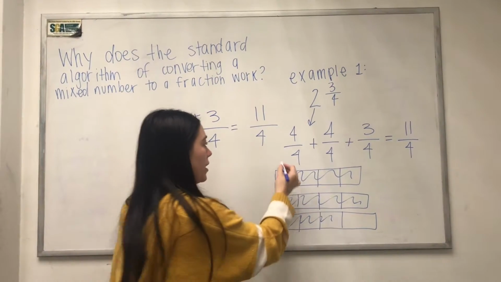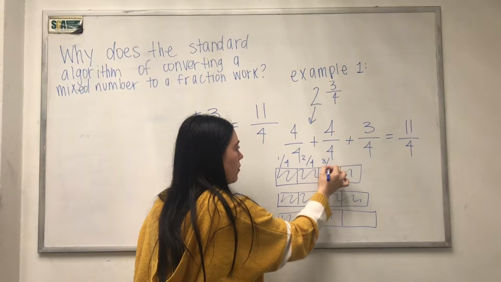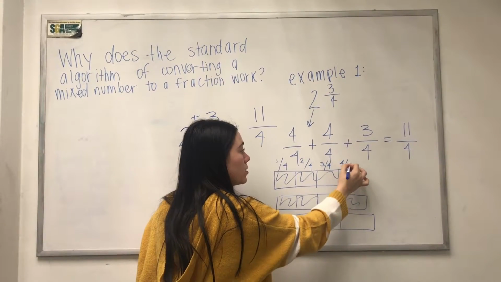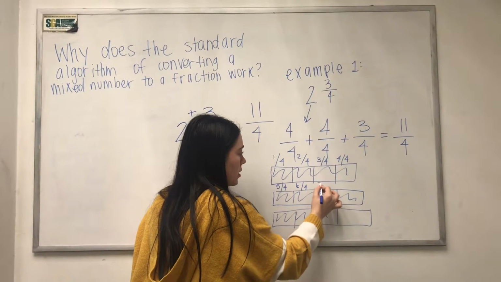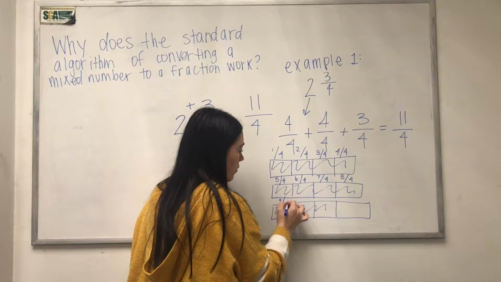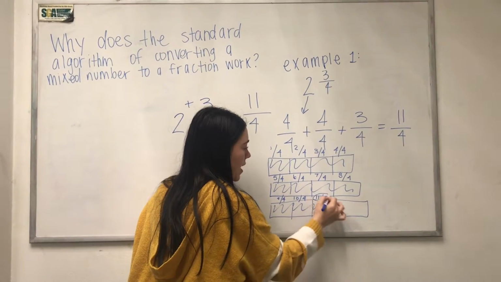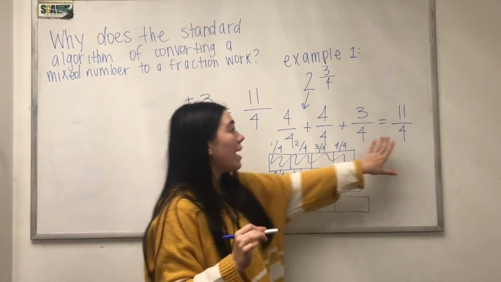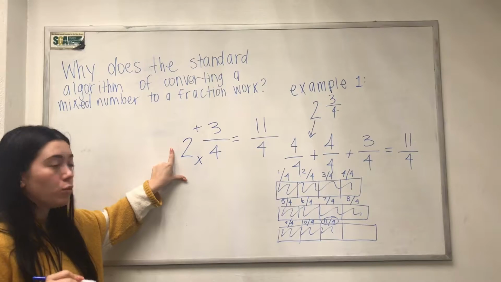So if you convert it, it would be 1/4, 2/4, 3/4, 4/4, 5/4, 6/4, 7/4, 8/4, 9/4, 10/4, 11/4. And that right there is exactly why this works. If you look back here, we had 4 times 2, which is the 8.